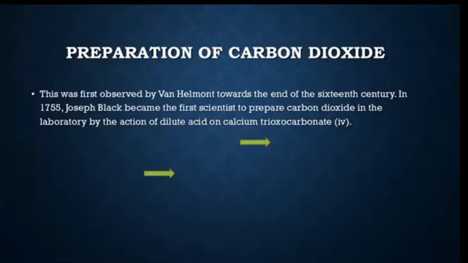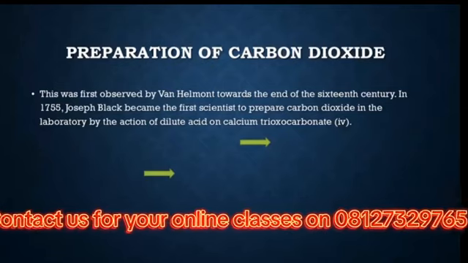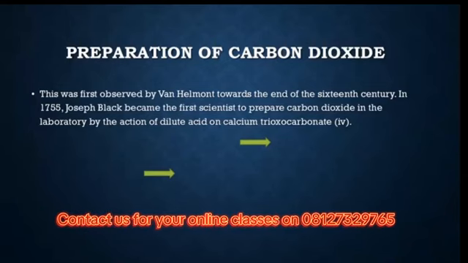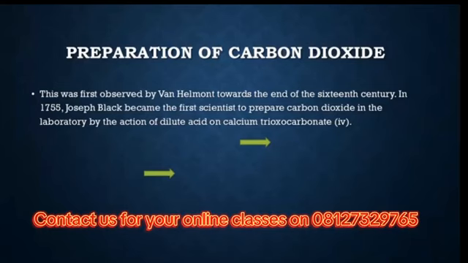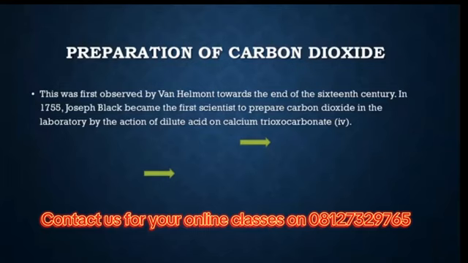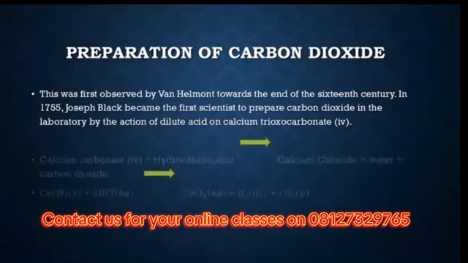So that property can be used as a method for the preparation of carbon dioxide. One of the ways by which you can prepare carbon dioxide is simply reacting any dilute acid with calcium trioxocarbonate(IV), which is called marble, right? So let's look at how that equation can be formed.